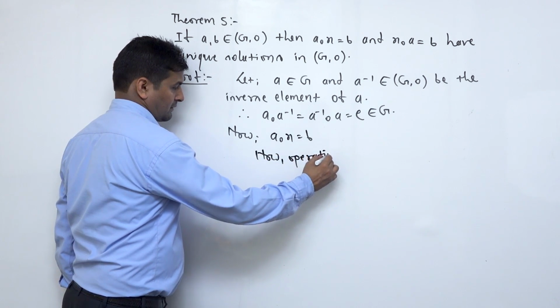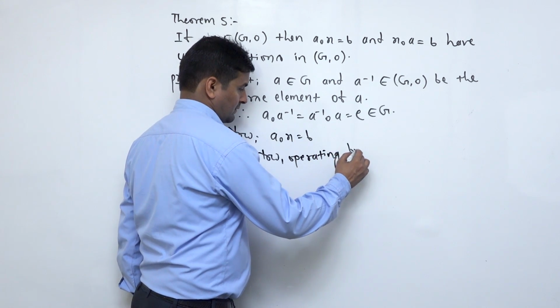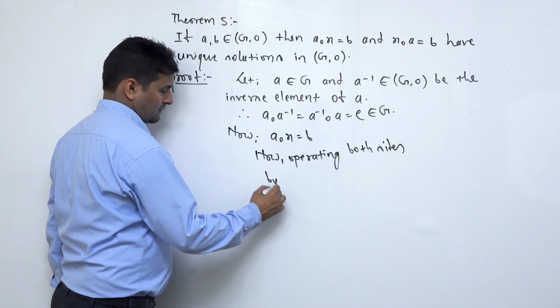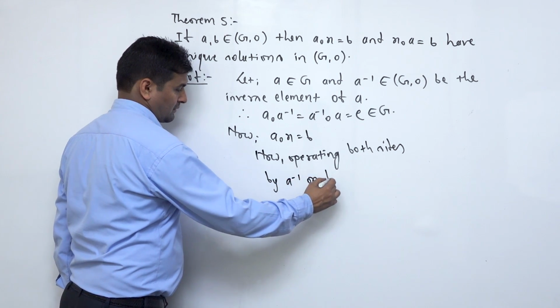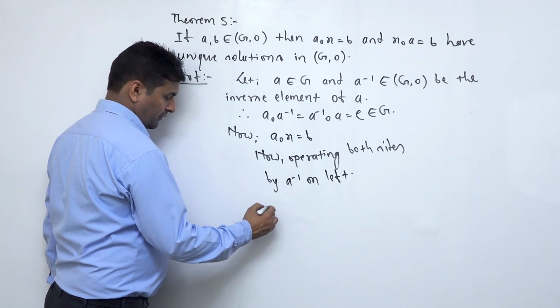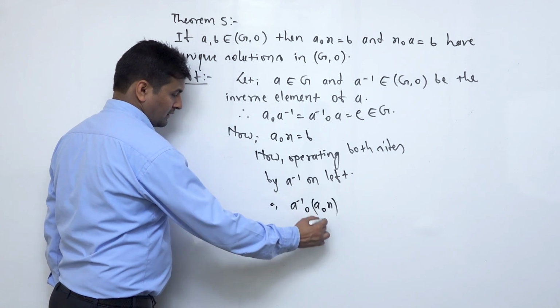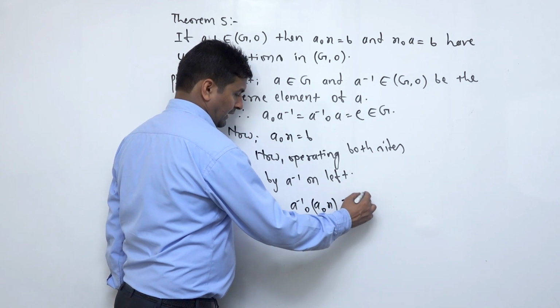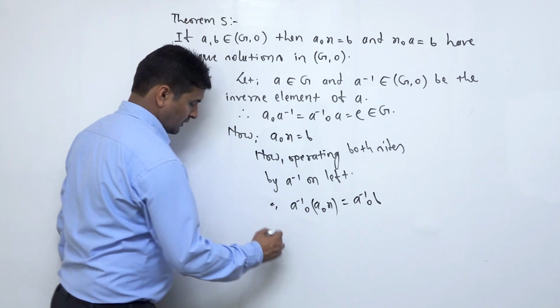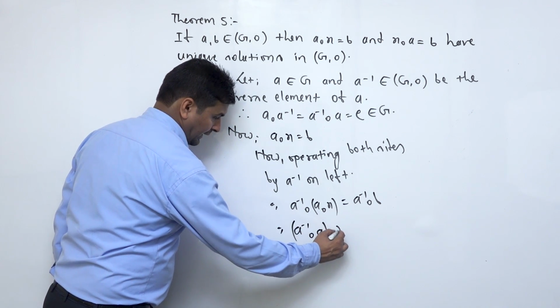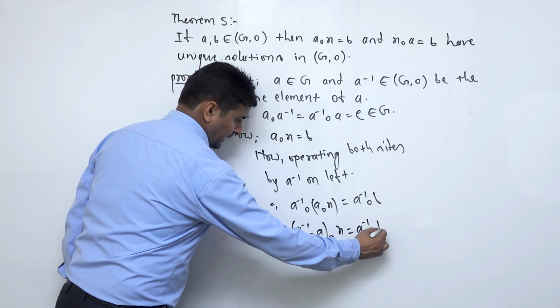Now operating both sides by a inverse on left. Therefore a inverse not a not x equals a inverse not b.